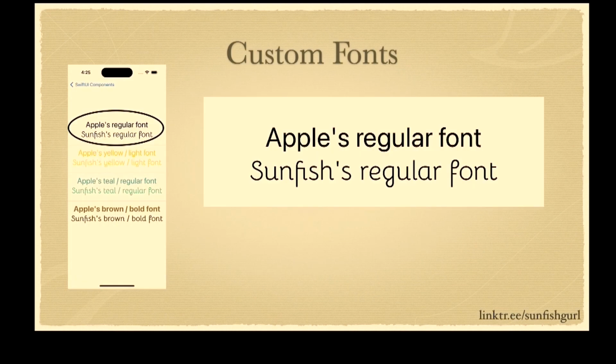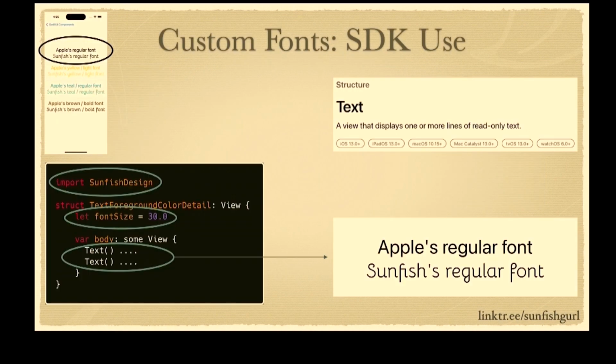Now that we've got our project set up, let's discuss how to create custom fonts that you can apply to text. As you recall from the demo, we want to be able to display custom fonts like this. So, in order to use your SDK, start by importing your Swift package into the file that you want to use it in.